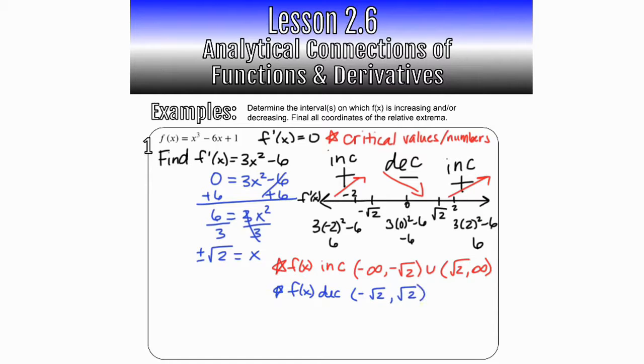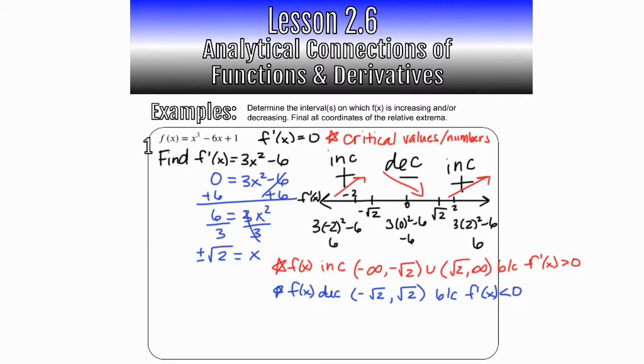So those are all in open intervals, okay? So this is increasing because f prime of x is greater than 0, and this is something you want to make sure you note. And then I know that these are decreasing because f prime of x is less than 0 for those values.